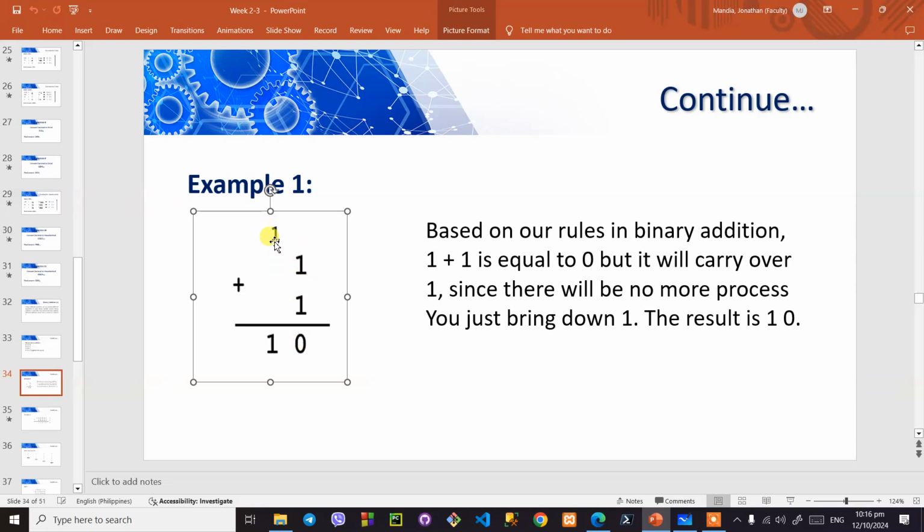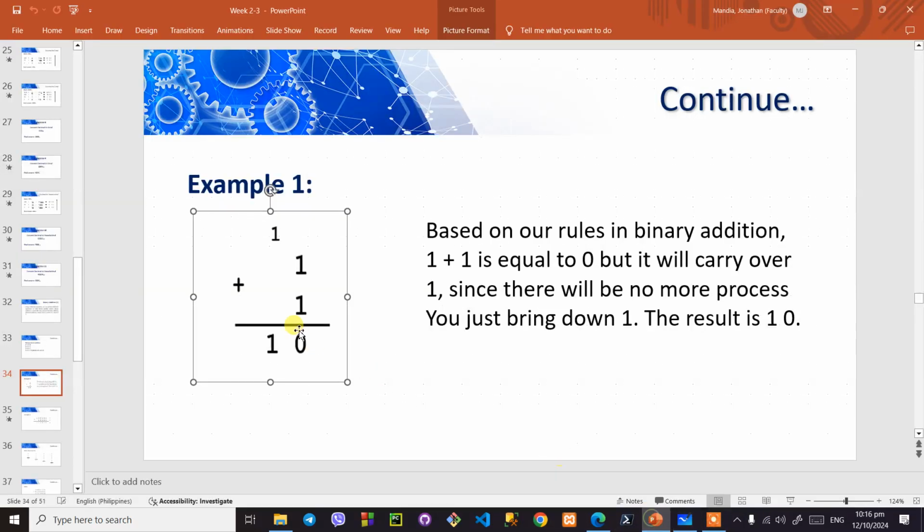Then you carry over to the next, meaning if there is another digit to be computed or evaluated, the process continues. If there is nothing to evaluate, you bring down the 1. That's why we have 1 and 0. The result, if you convert it to decimal, is still the same value that we have.